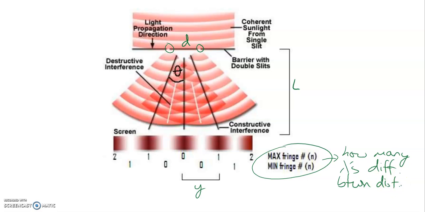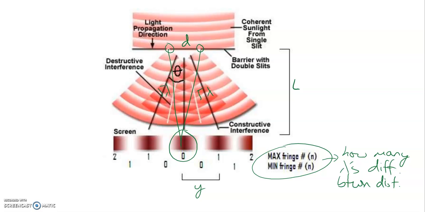Let me explain. If we go right in the middle here, and this distance is, let's say, 5 wavelengths, that one would also be 5 wavelengths. 5 take away 5 is 0. It's perfectly symmetrical right in the middle, so the fringe number is 0 because it's the same number of waves.